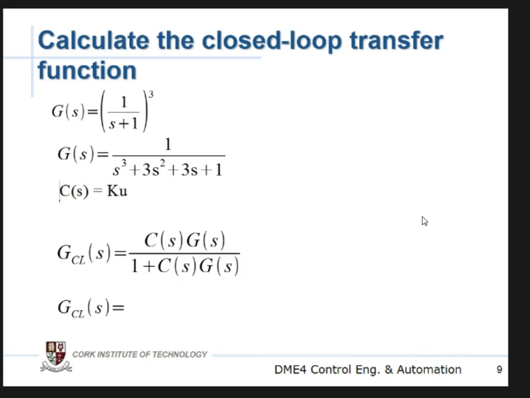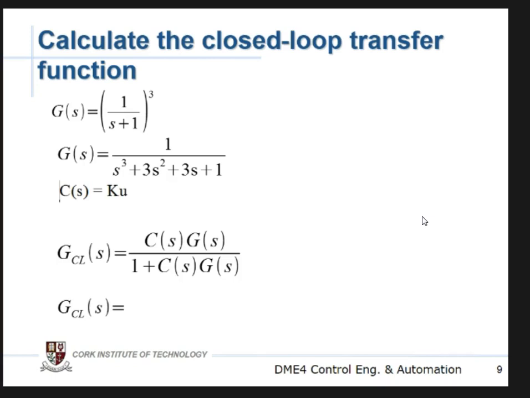Okay, so if we figure out C times G first of all, which in this case is reasonably straightforward, it's Ku by the transfer function, which is going to give me Ku in the numerator. So it's Ku over s cubed plus 3s squared plus 3s plus 1. And then C times G over 1 plus C times G means I'm going to get Ku over (s cubed plus 3s squared plus 3s plus 1) divided by 1 plus that.